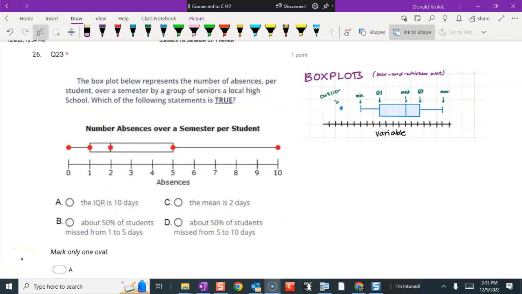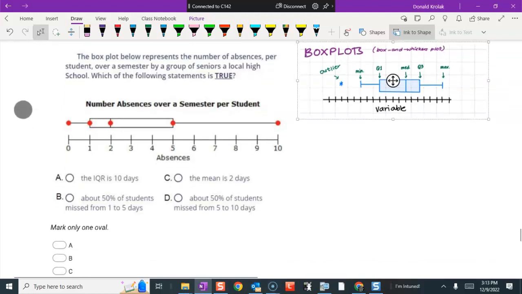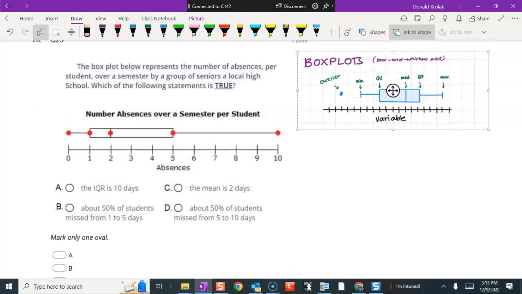The box plot below represents the number of absences per student over a semester by a group of seniors at a local high school. Which of the following must be true? We're going to use what we learned about box plots and how they distribute the data into 4 parts, each being 25% of the data.